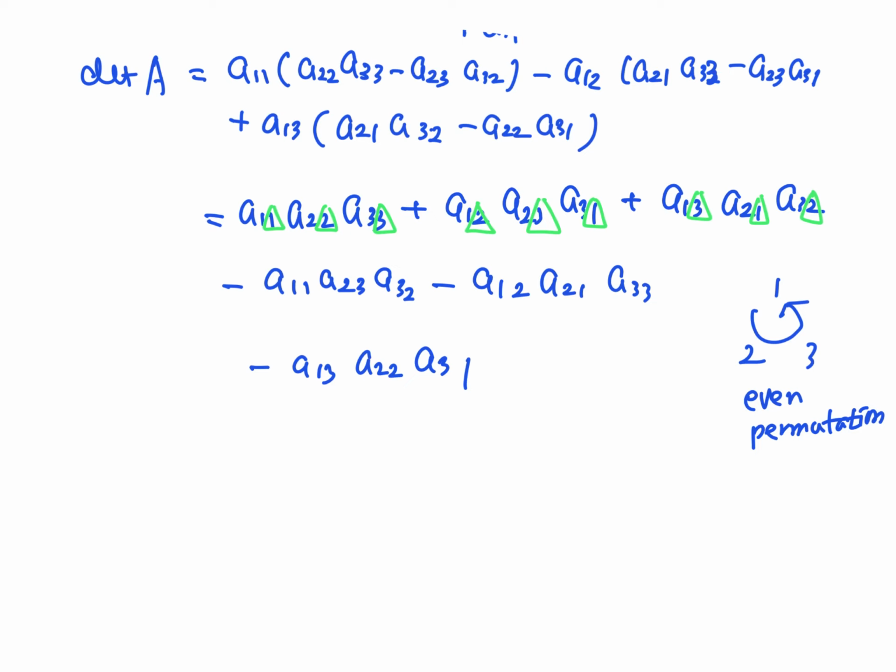How about the other one? 1, 3, 2. 2, 1, 3. 3, 2, 1. In that case, the red ones, 1, 2, 3 are arranged clockwise, right?